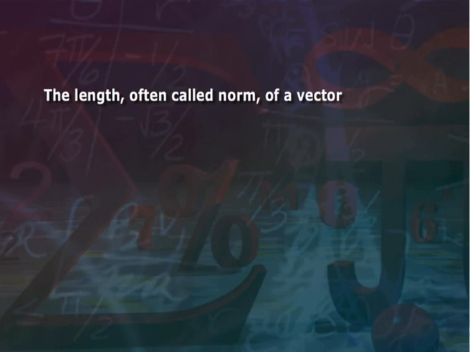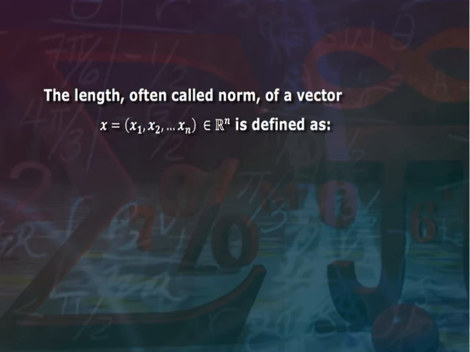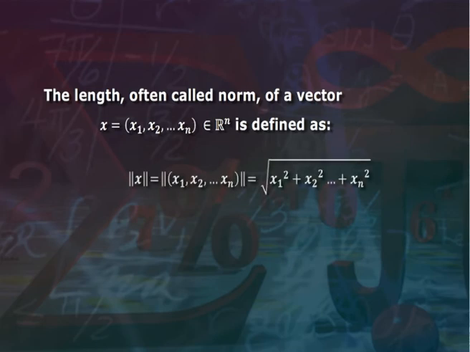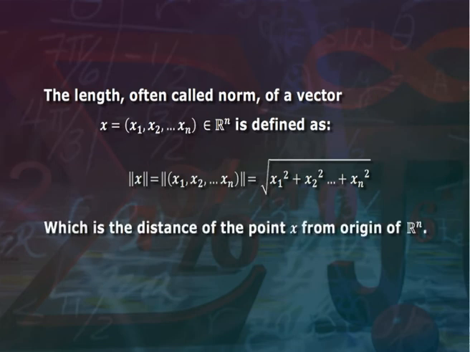The length, often called norm, of a vector x equal to x1, x2 up to xn in Rn is defined as the norm of x equal to the positive square root of x1 square plus x2 square plus up to xn square, which is the distance of the point x from the origin of Rn.